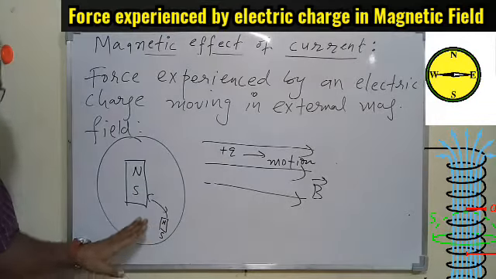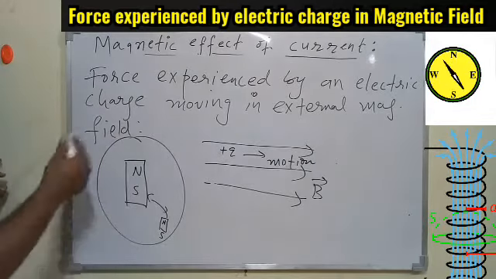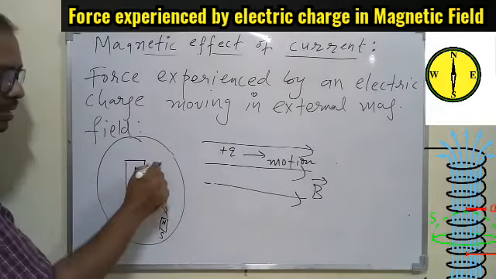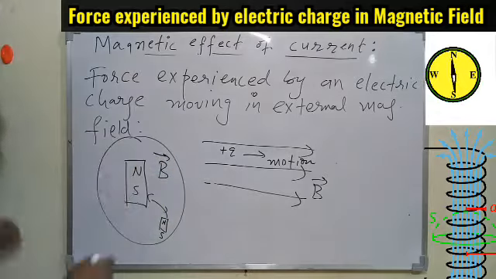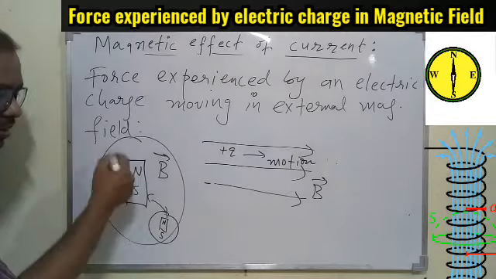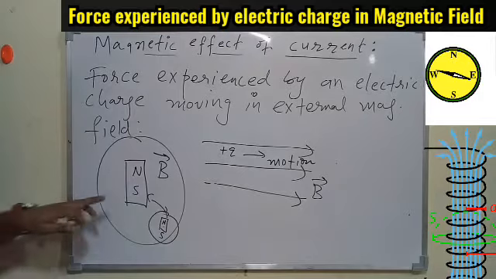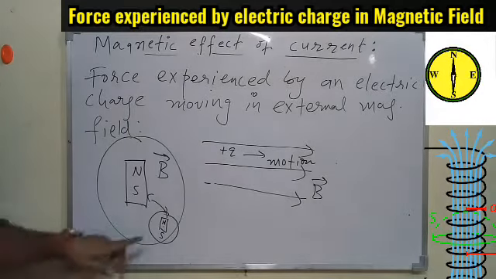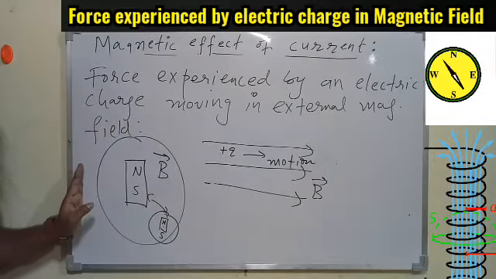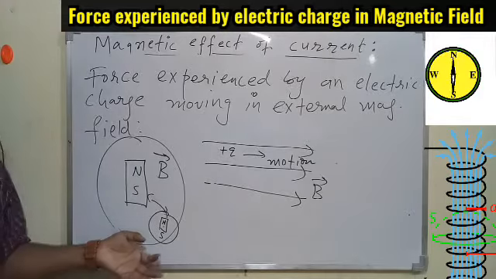For the concept, you can see this picture. Repeating again, if we have a bar magnet, it will have the north and south pole, and then it will have its own magnetic field B. Within this field we place another bar magnet. Once it is placed within the field of the other magnet, it will start getting a force. So any magnet placed in an external magnetic field starts getting a force, that is a magnetic force.